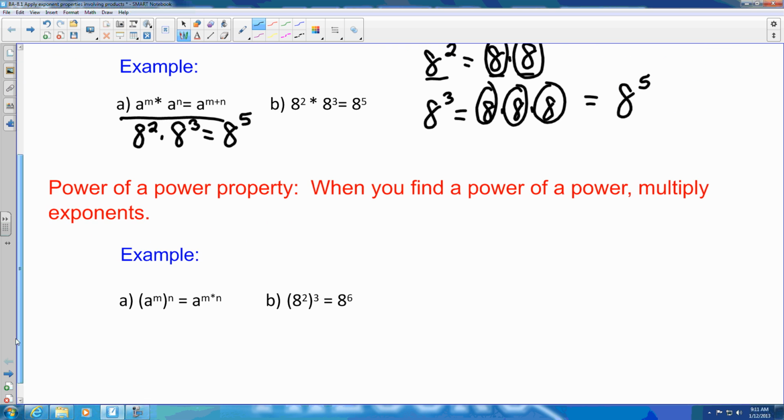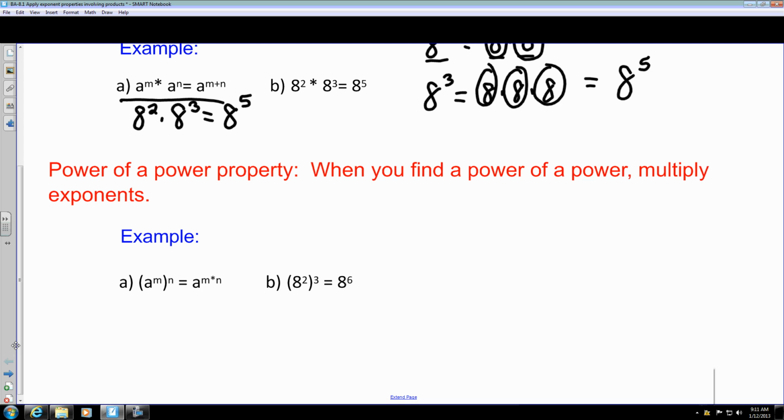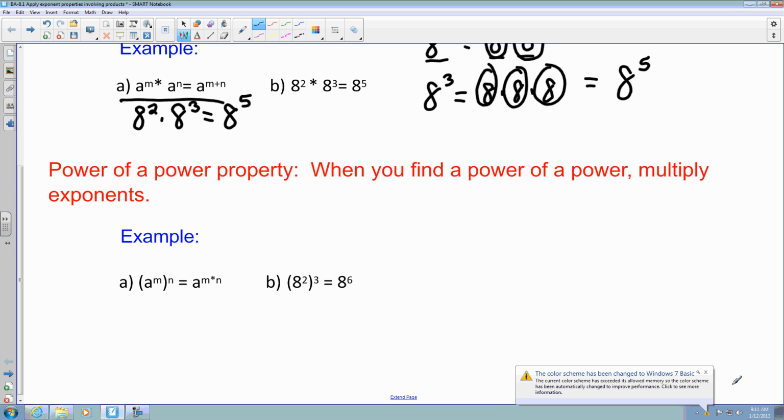Here we have what is called the power of a power property. When you find a power of a power, you multiply the exponents. So here we have a to the m power, and then we have parentheses, all of which is to the n power.